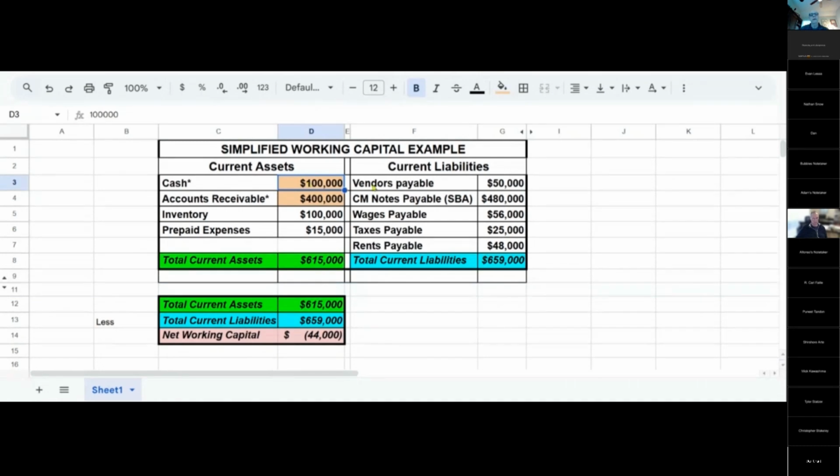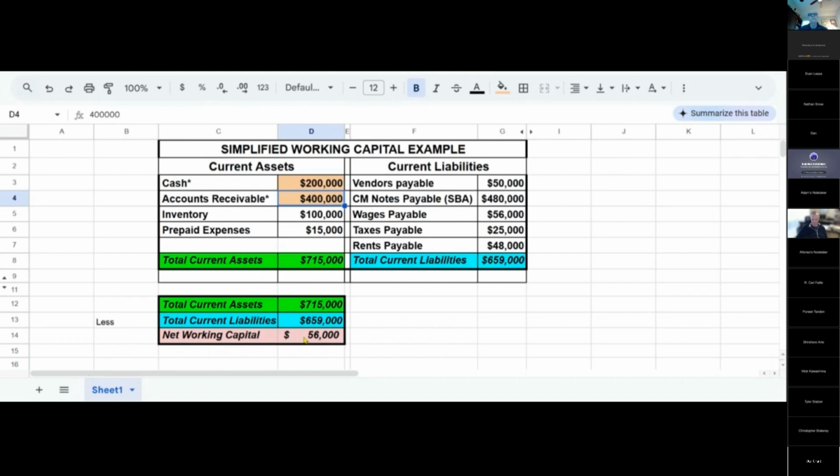So let me add a different number here. In this case, if you liquidated everything today, all operations stop, you'd come out with a positive $56,000 by simply liquidating these current assets and paying off all these current liabilities.